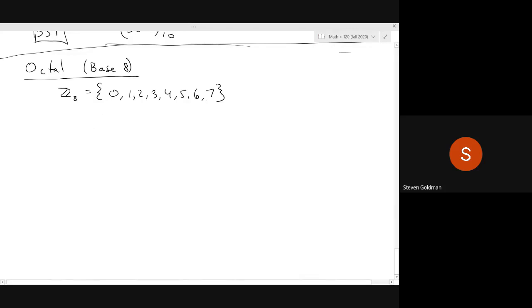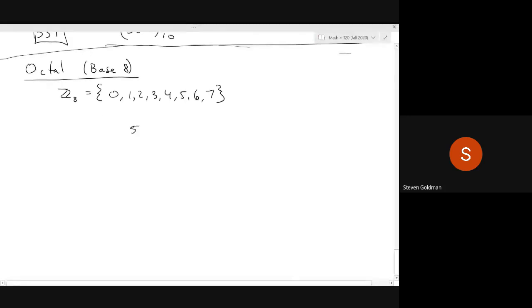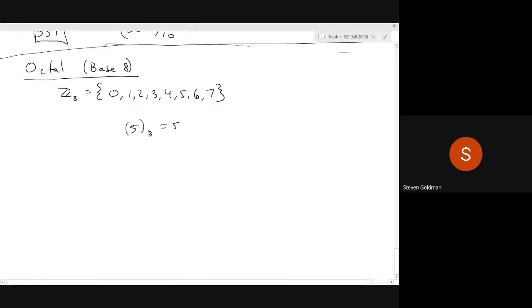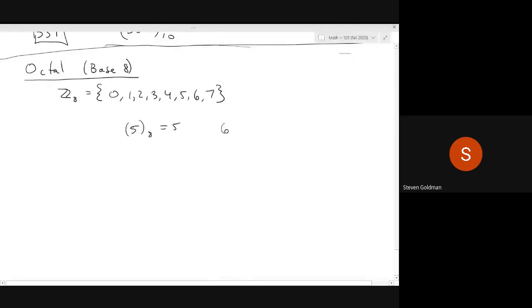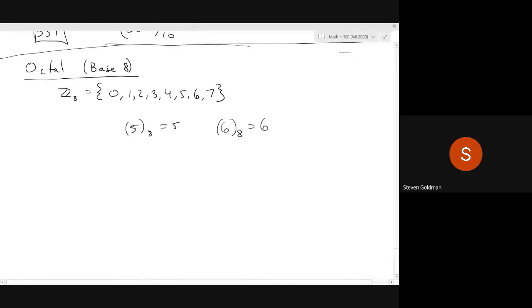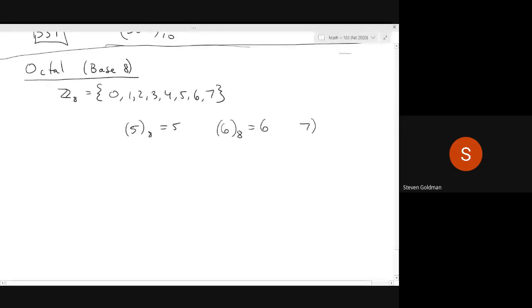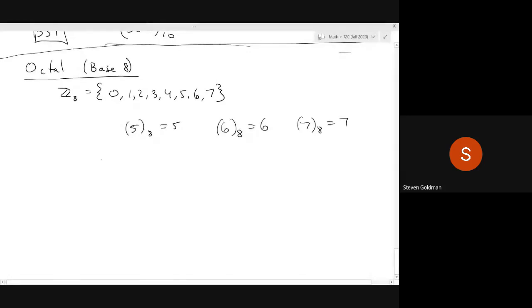If I wanted to write down the number 5 in base 8, that would be just 5. 6 in base 8 is the number 6. 7 in base 8 is the number 7. What if I wanted to write the number 8 in base 8? How would I write 8 in base 8?